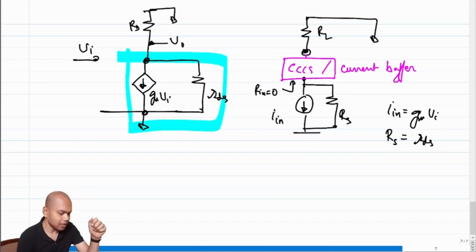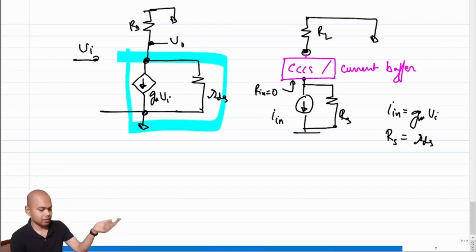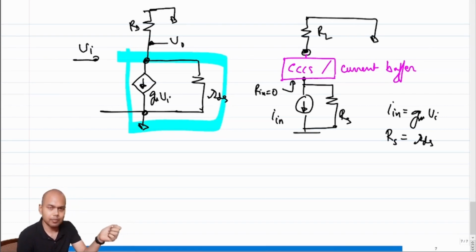Okay, so what is a current buffer? We have spent quite a lot of time in the last few lectures talking about CCCS, VCCS, and all sorts of controlled sources. A current buffer in this case is essentially a common gate amplifier.